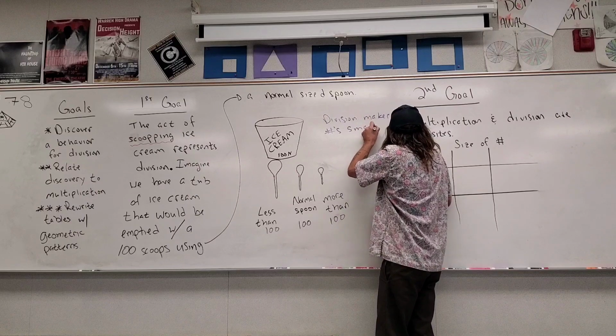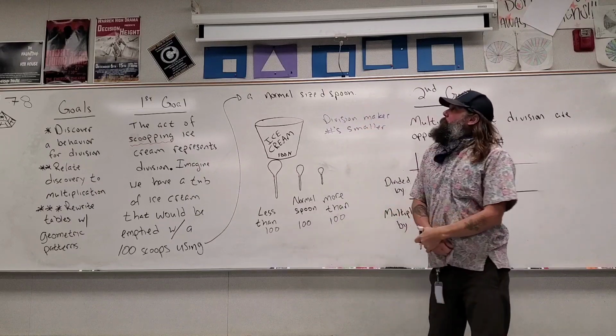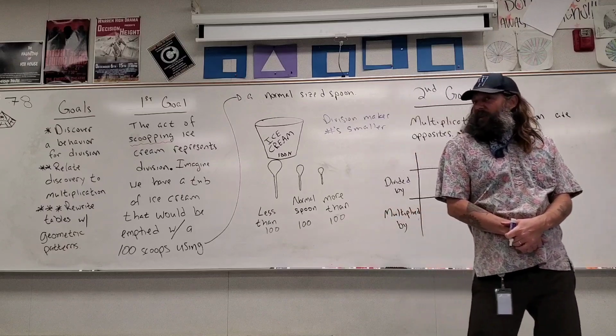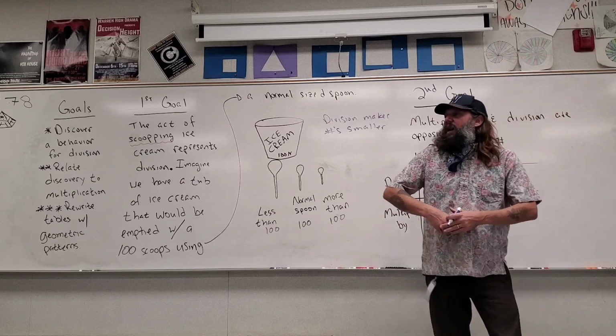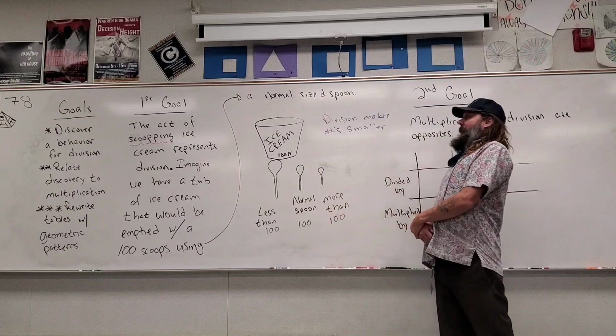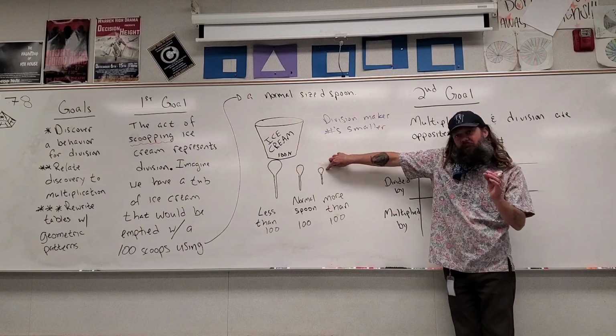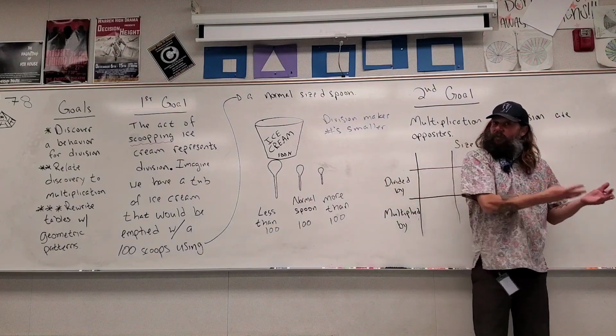That's probably the most common preconceived idea when it comes to division, that when I divide, I'm going to get a smaller result. However, we see that if we are using a smaller spoon, we get a larger result.